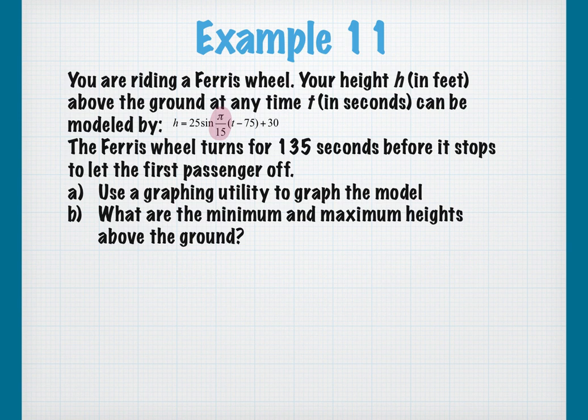It's going to open your parentheses here, so you've got to be careful. You've got to open the parentheses here and then open them again and then close them there. So the sine gets pi over 15. Open the parentheses again. T, which is just x. It's your variable, so it can be anything. Close them again, and then plus 30 at the end.